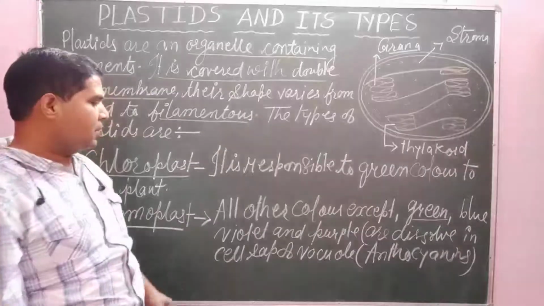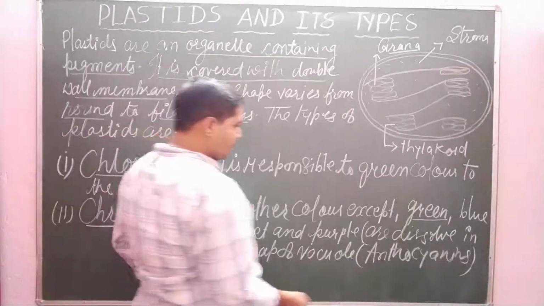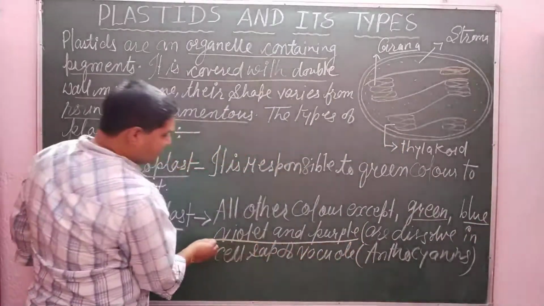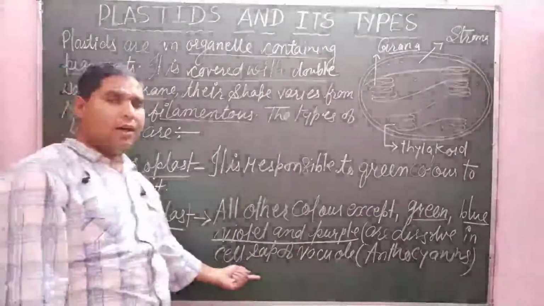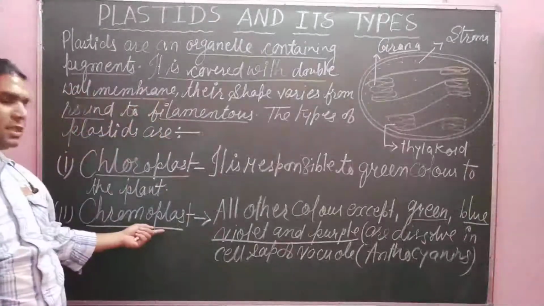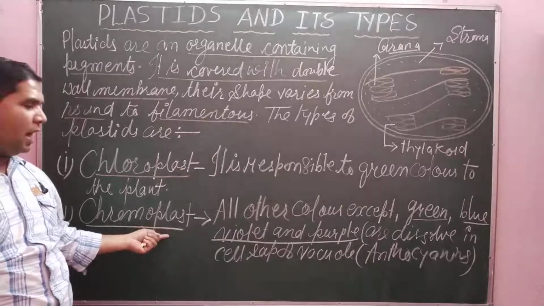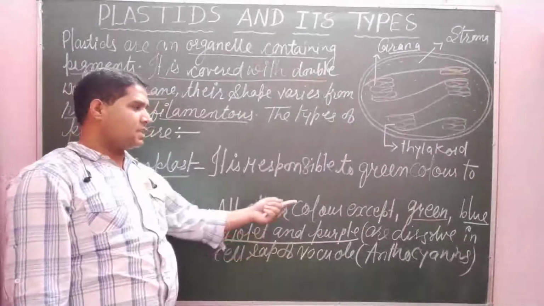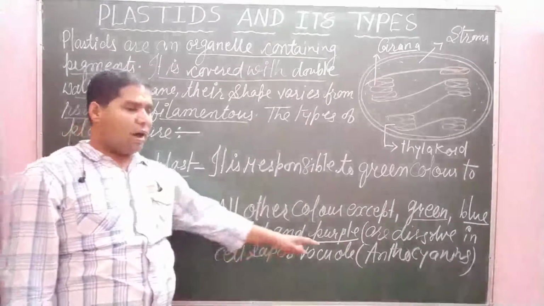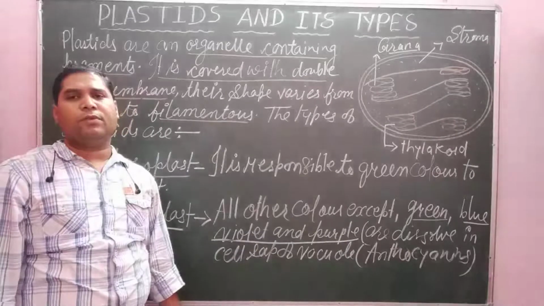So dear student, blue, violet and purple are associated with anthocyanin, which is dissolved in the cell sap of the vacuole. So chromoplast is responsible to give all other colors except green and blue, violet and purple, as green is associated with the chloroplast and violet, purple and blue are associated with the anthocyanin, which is dissolved in the cell sap of vacuole.